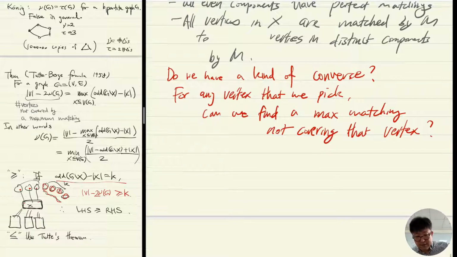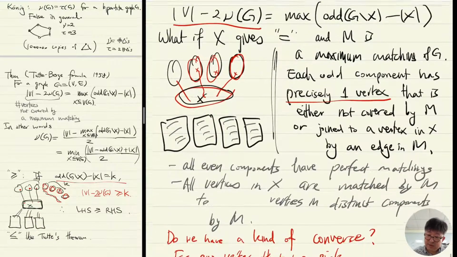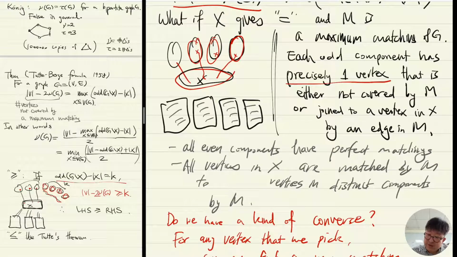Right. I mean, vertices in other components, it seems that for some vertices I have a maximum matching, like this vertex, I have a maximum matching avoiding this vertex. But can I pick some other vertex and say, is there a maximum matching avoiding this one?